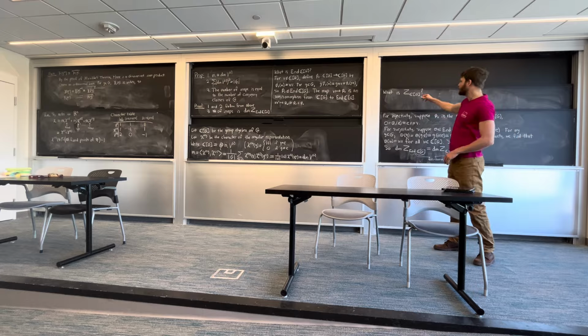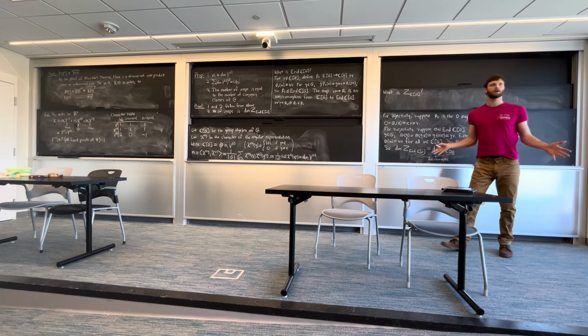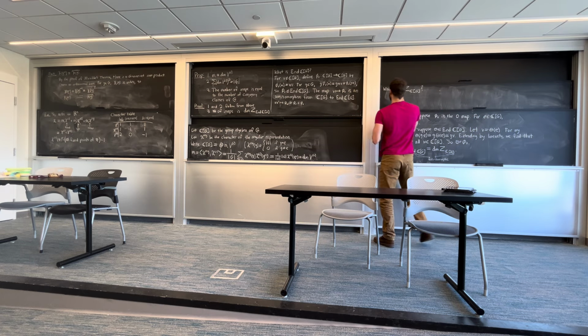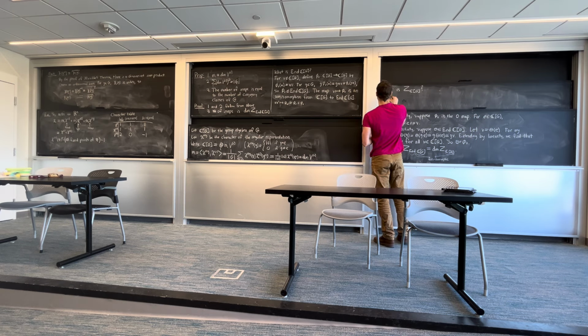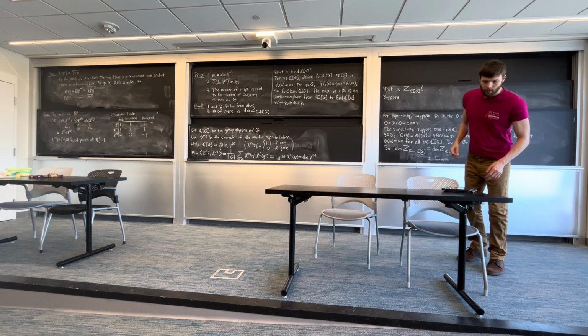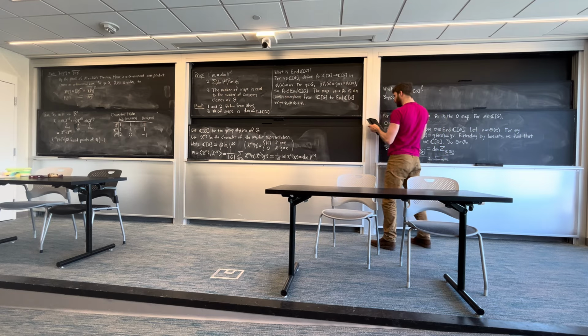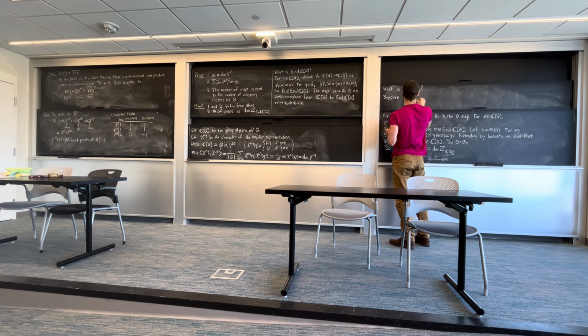Well, let's say we had some element of the center of the group algebra. In particular, it's in the group algebra, so it's some formal linear combination of elements of the group. So suppose we have some element Z, and let's say Z is in the center of the group algebra.